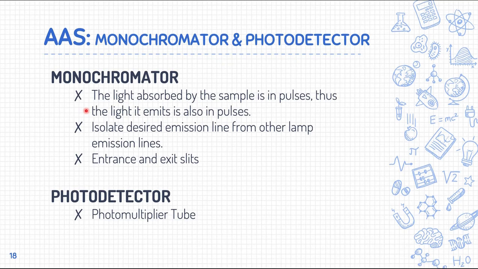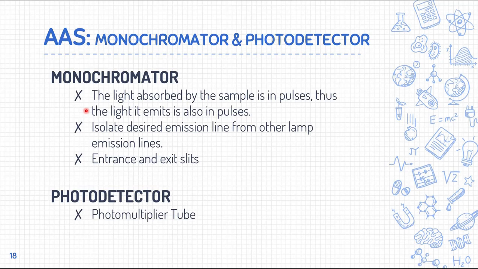So those are two types of light. So the question now is, how can we discriminate the light coming from your light source and the one that is just coming from my flame? And what you want to measure is actually the light that is coming from your atoms that came from your light source. So how do you do that?